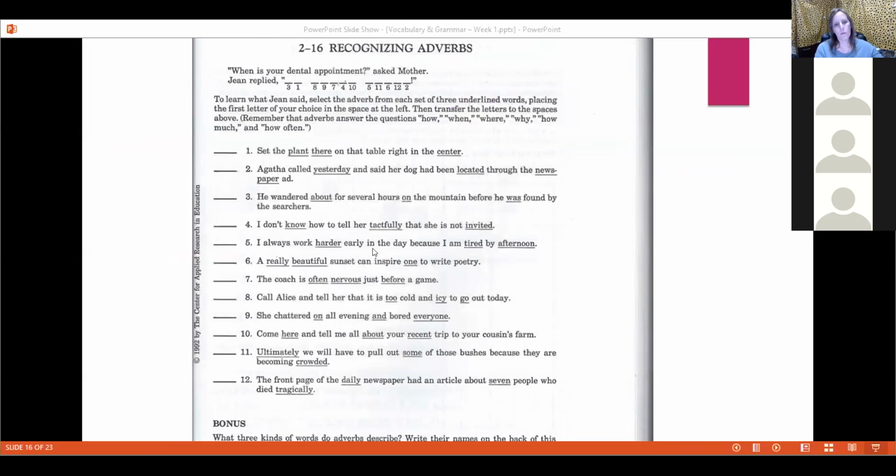So we're going to go Elena number 1, Emily number 2, and Whelan number 3. And remember, we're answering the questions how, when, where, why, how much, or how often, which would be similar to to what extent.